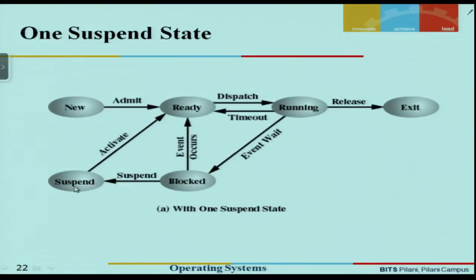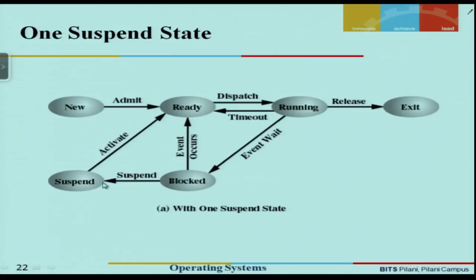Please note that a process in the suspended state has made a request for IO service and is still waiting for the service to be completed. The second point is that this process is not in memory.